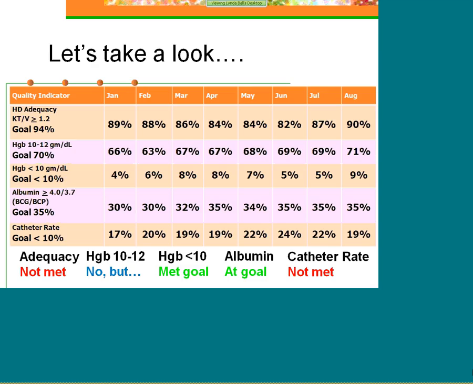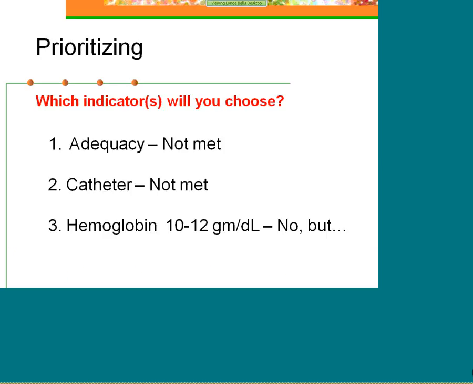So if we can focus, and if you're going to work on one, sometimes it takes longer than a 6-month period to work on catheters because we have to get another access placed, it has to mature, and we have to be able to utilize it and then get that catheter removed.